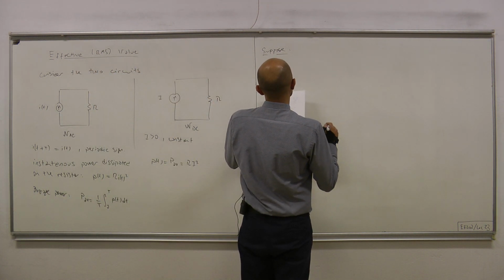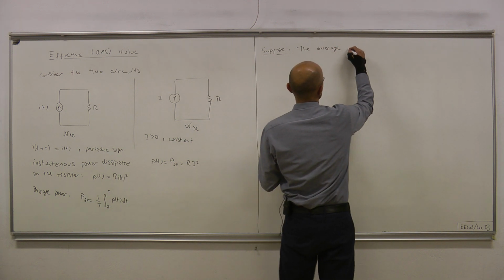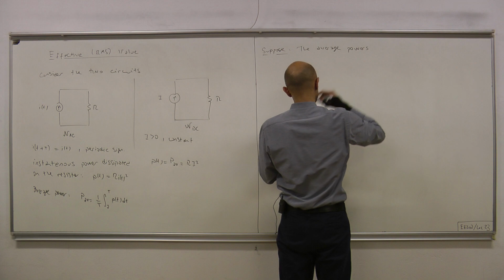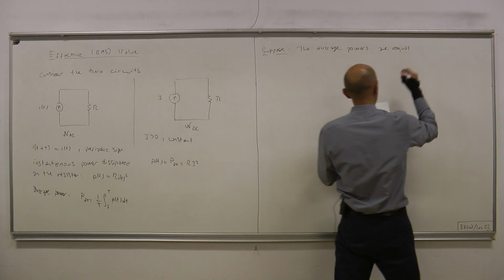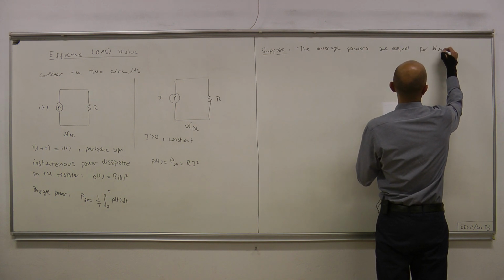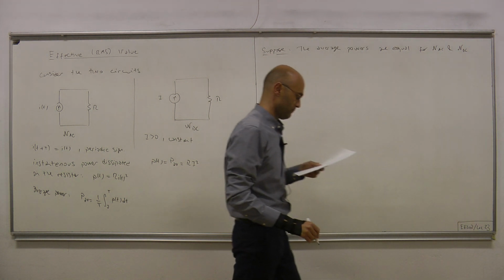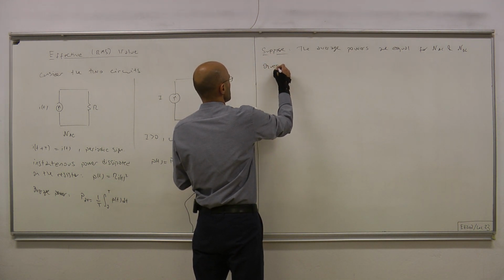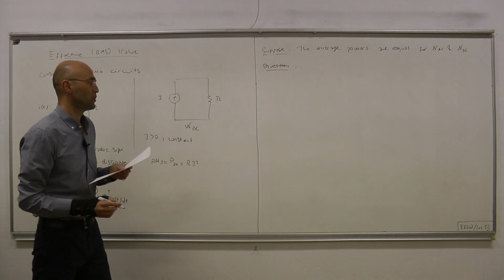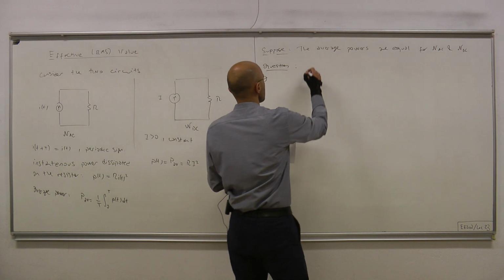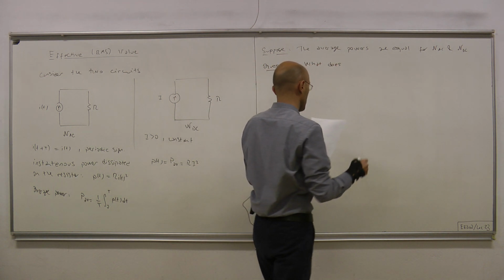Suppose the average powers are equal for both circuits, for AC and DC. And here is the question we ask when that condition is satisfied. What does the above condition imply?